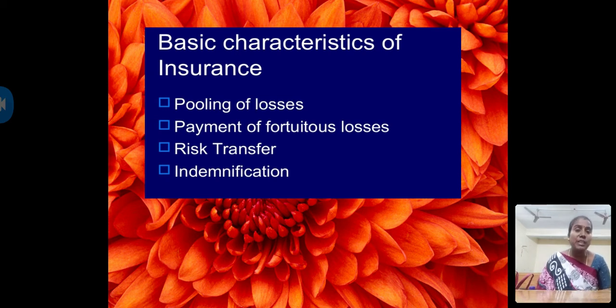So how much money do you have? 60 students, 60 into 100, nearly 6,000 rupees. Then any one person meets with an accident; out of that amount, how much is fair to give for the particular event that happened?